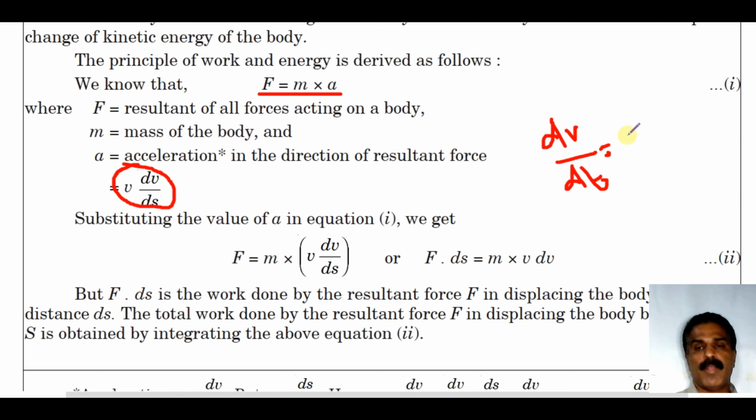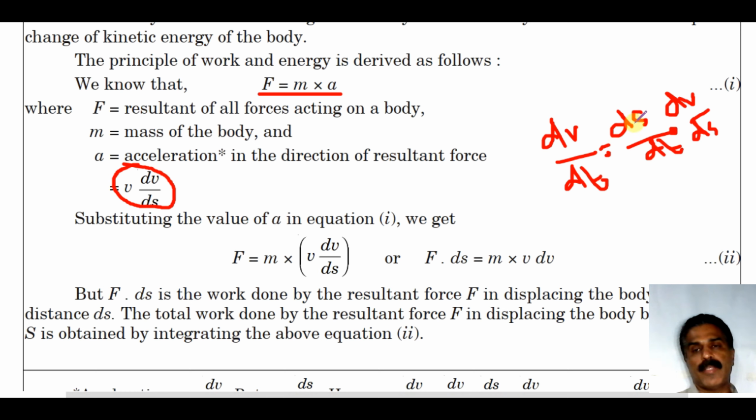We will get it as ds by dt into dv by ds, because v is a function of s and s is a function of t.